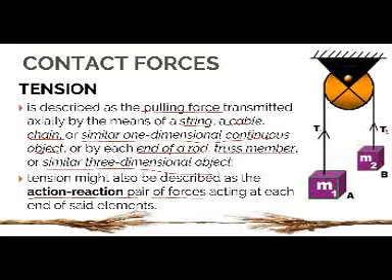In tail 1, there is a pulling force, which is the weight of object A. And for tail 2, there is a pulling force transmitted to the string, which is the weight of object B. That is why it is described as a pulling force transmitted to the object.